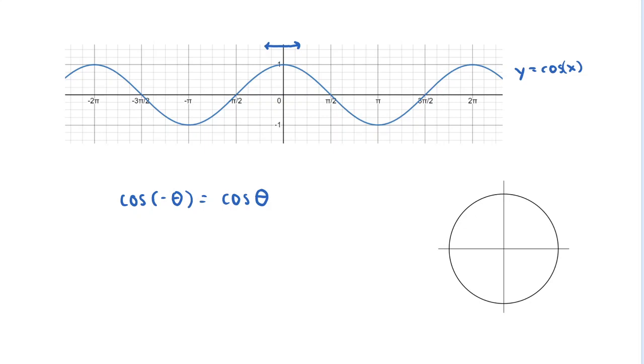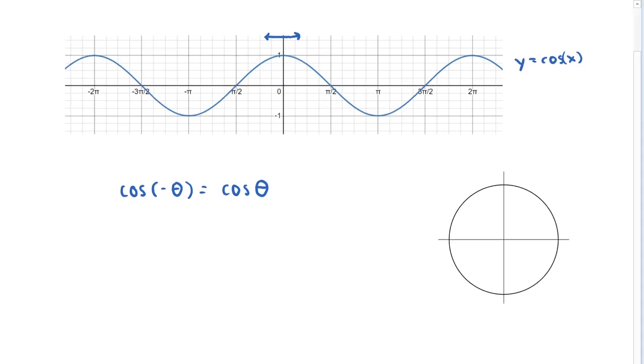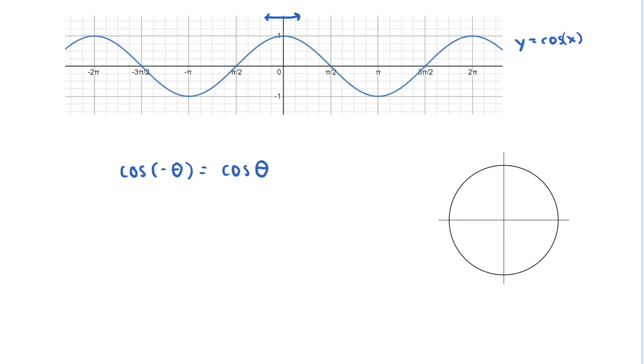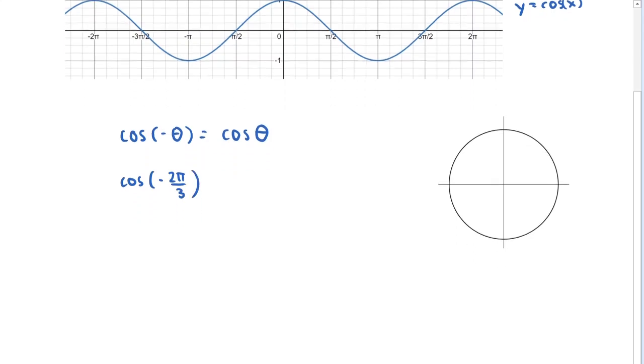And maybe let's take a particular example just to really illustrate this. For example, if I take cosine of negative 2 pi over 3. So here, what is cosine of negative 2 pi over 3? Well, negative 2 pi over 3, that's 2 pi over 3 in the clockwise direction. We end up with a 30, 60, 90 triangle.